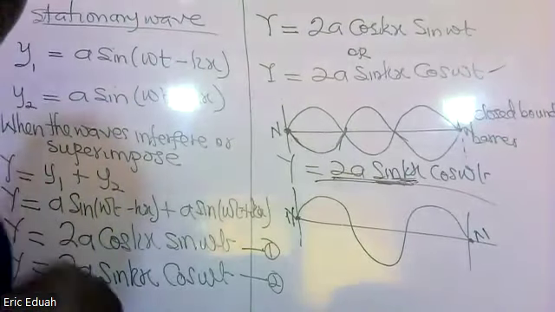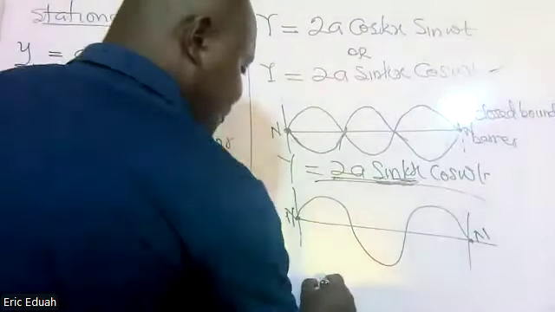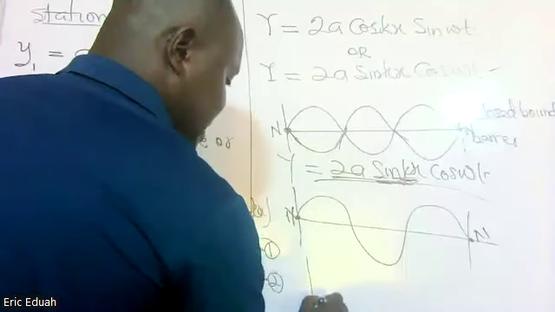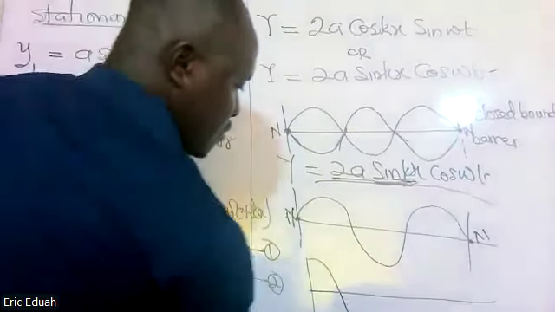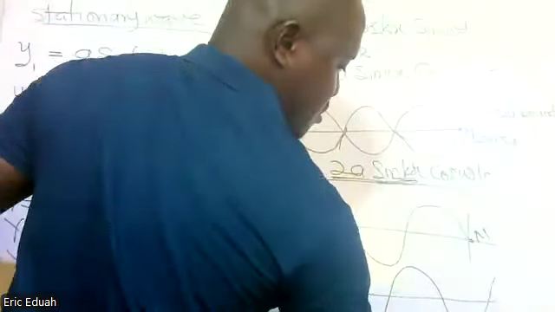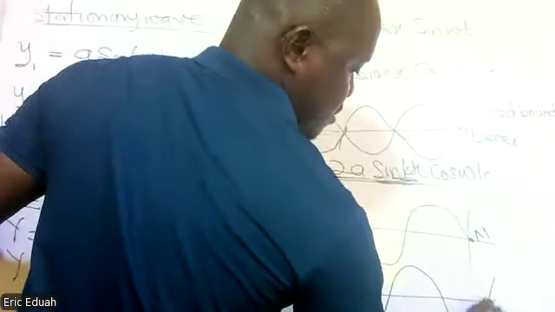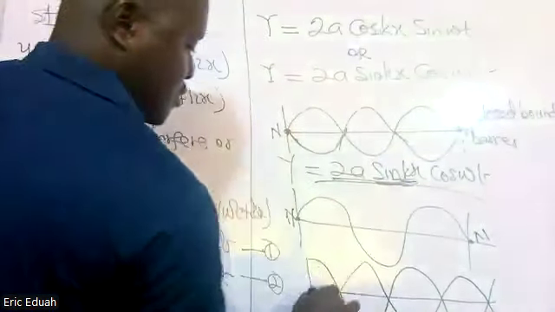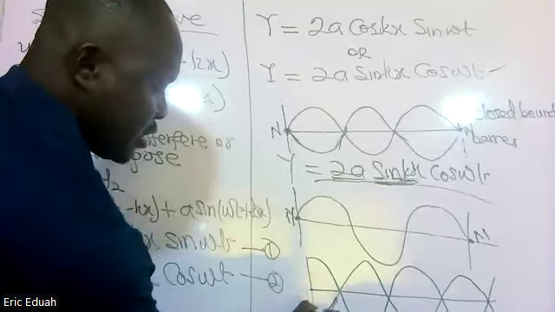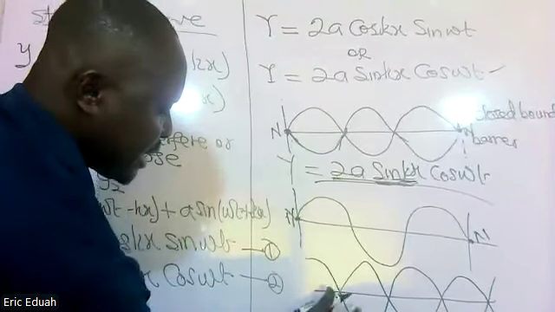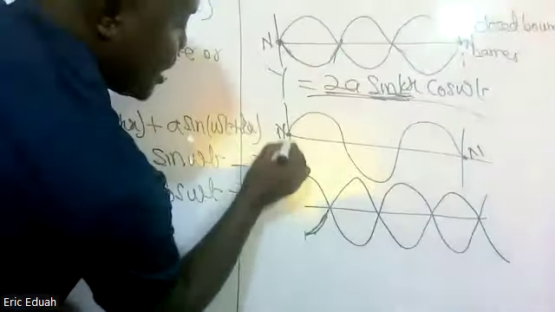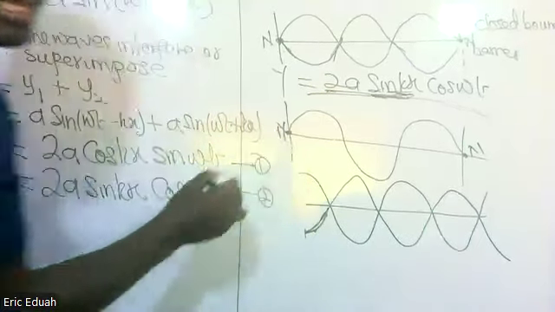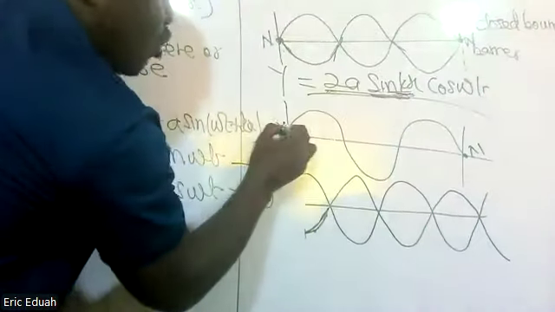Now, if the stationary wave is formed such that it is like this, you see over here, the difference between these two is that here it begins with a node.